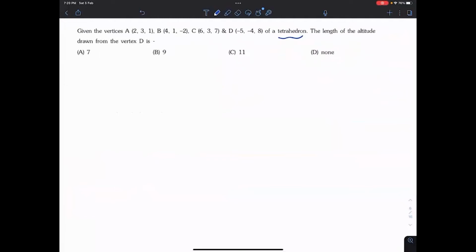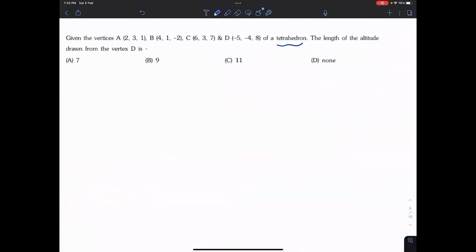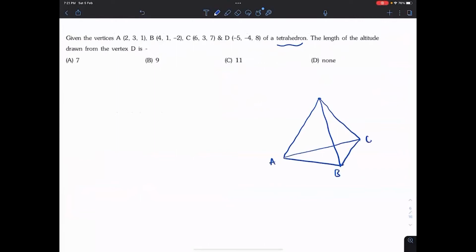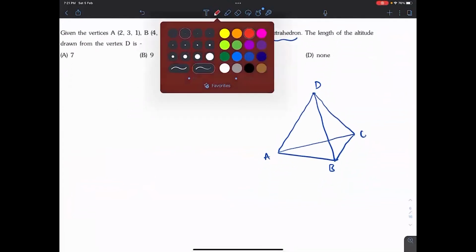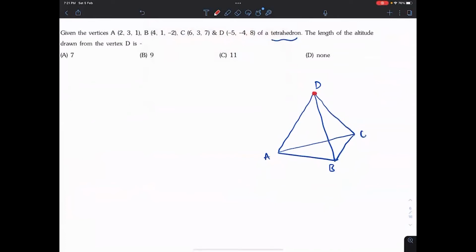Tetrahedron. You know about tetrahedron, no? So tetrahedron is nothing but you take a point in space and connect it to the vertices of a triangle, you will get a tetrahedron. Okay. Now you know what the volume of this tetrahedron will be. For finding the volume of the tetrahedron, you need to have three vectors.